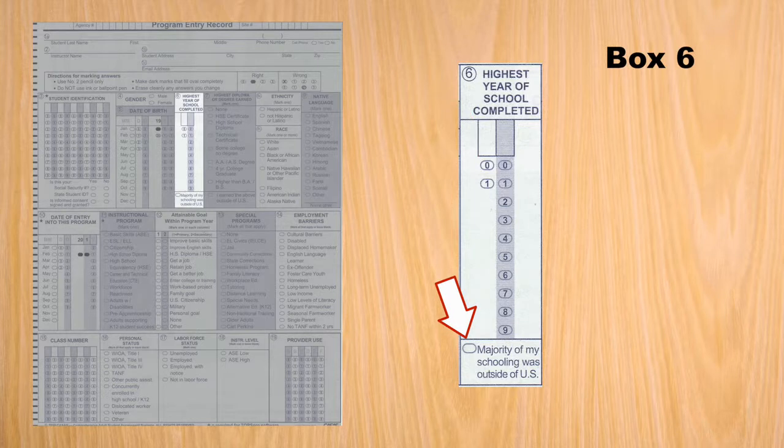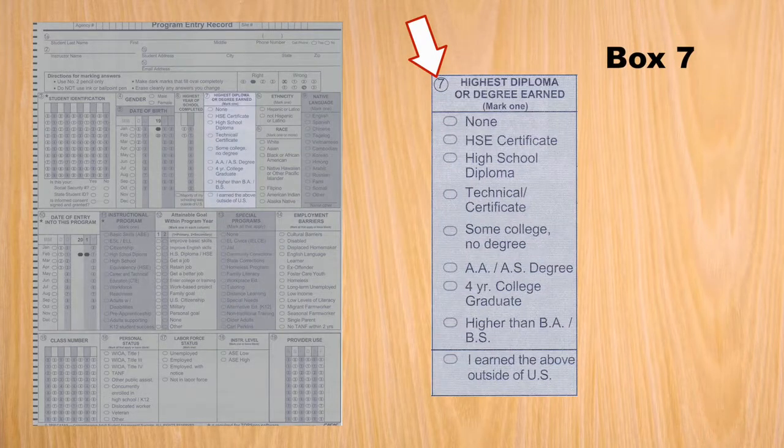At the bottom of the box, please indicate if the majority of your schooling was completed outside of the United States by filling in the bubble. If most of your schooling was done here, leave it blank. In box 7, choose one option that best applies to you. What is the highest level of education you have earned?